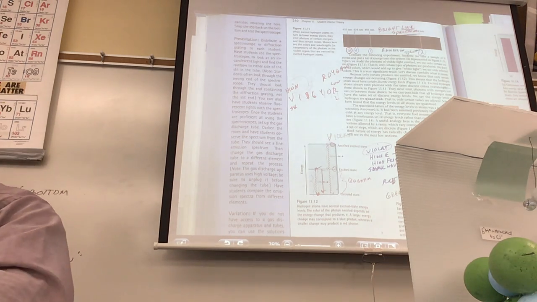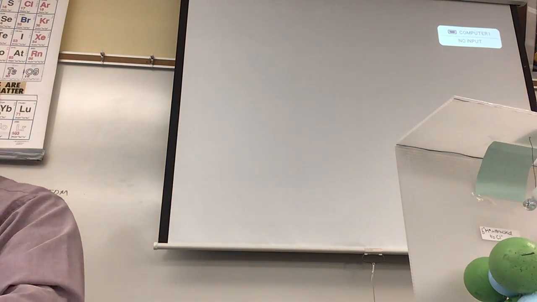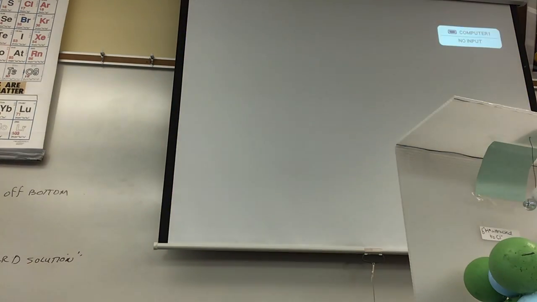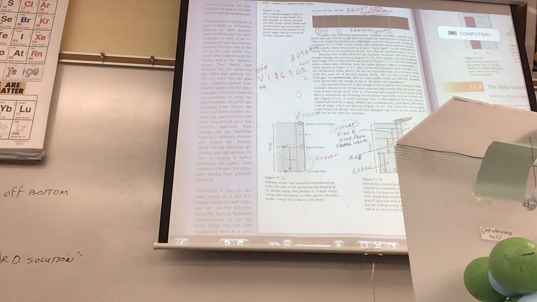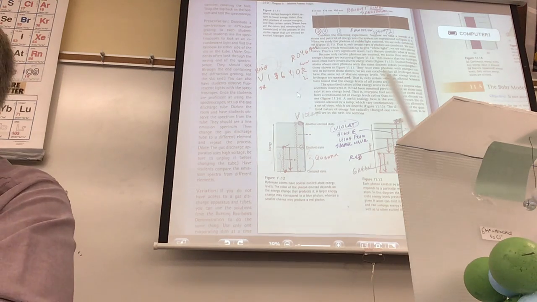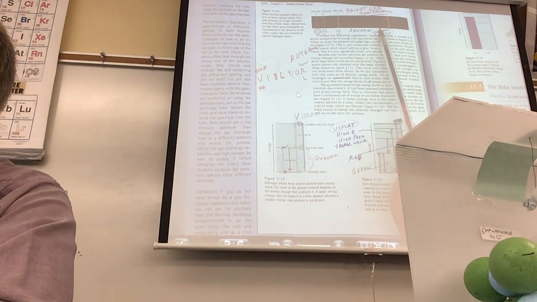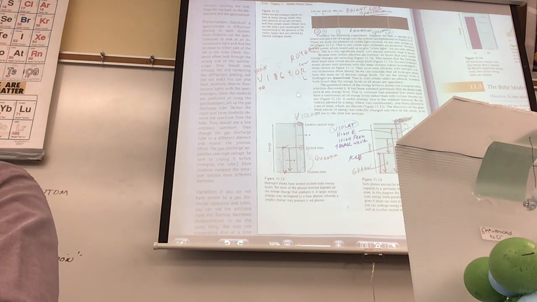Which one represents the highest amount of energy that's going to be released? Can everybody see it or not? If you don't, raise your finger. How many fingers? Is it 1, 2, 3, or 4? 3. Okay, now, go up here. Tell me which one of those beams of light, which one of those light emission spectrums, has the most energy? And I told you, you had to remember that.